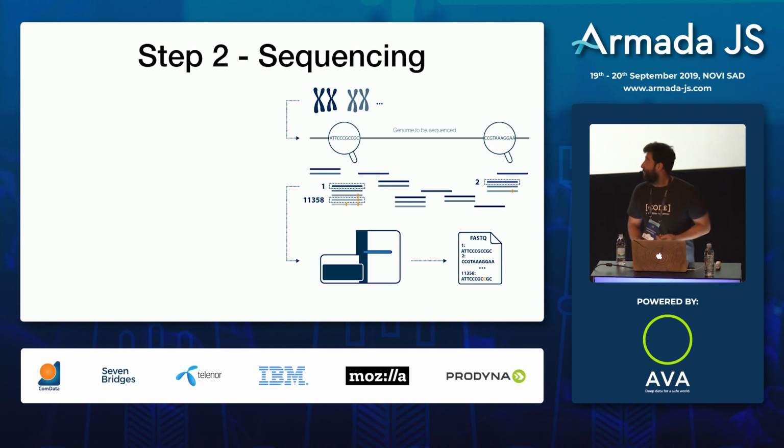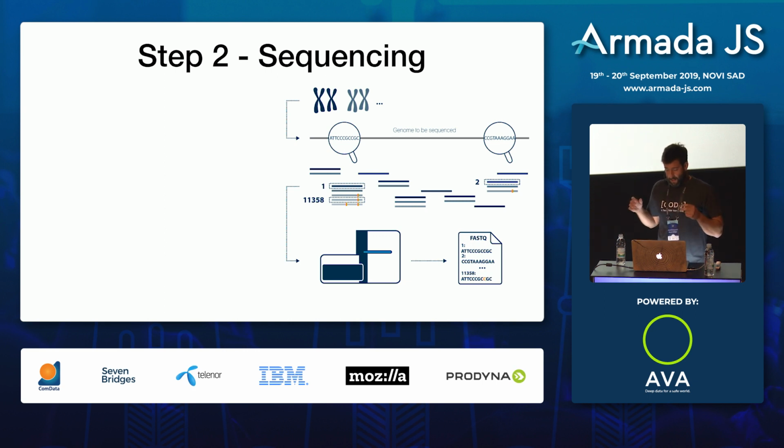So, sequencing. Once you have your shreds, you put them in one machine called a sequencer, and the output would be a FASTQ file. It literally takes one shred and writes it down. I'll call this one ID1 and it's ATTCCGC.